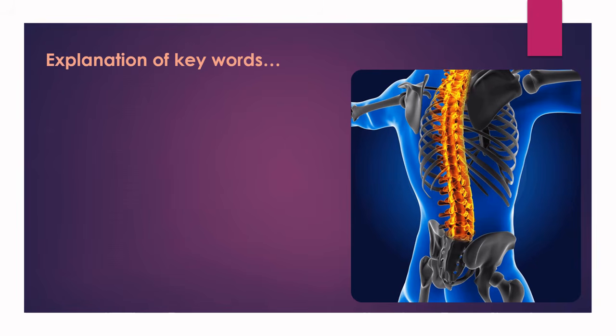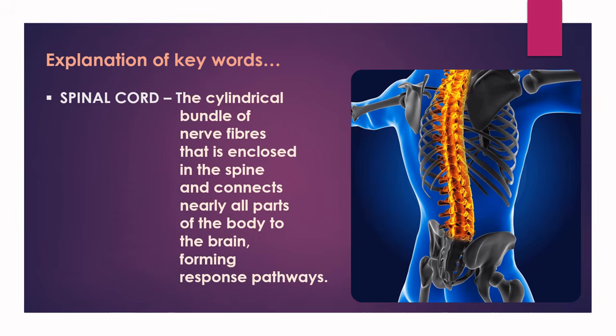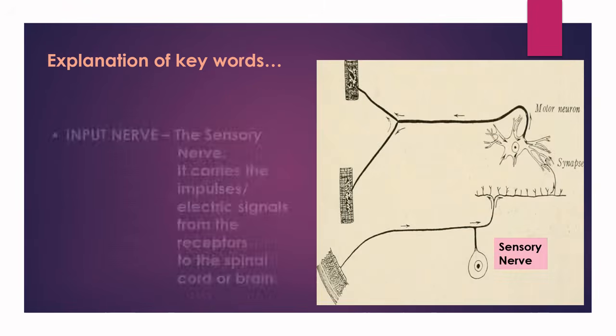Spinal cord: this is the cylindrical bundle of nerve fibers that is enclosed in the spine and connects nearly all parts of the body to the brain, forming response pathways. We can also provide some images showing the location and the structure of the spinal cord and its function.